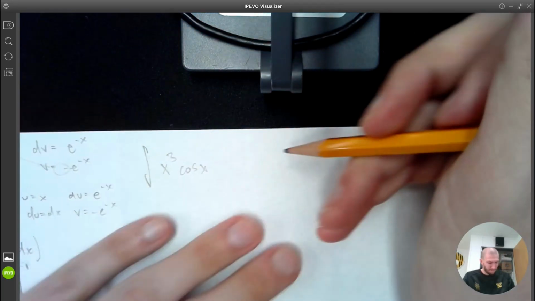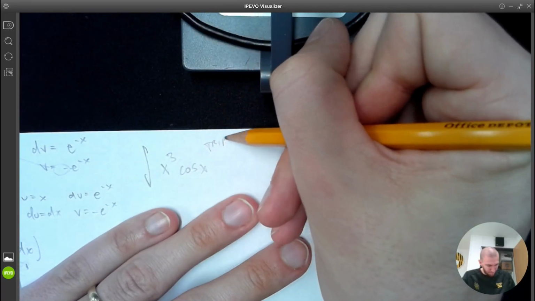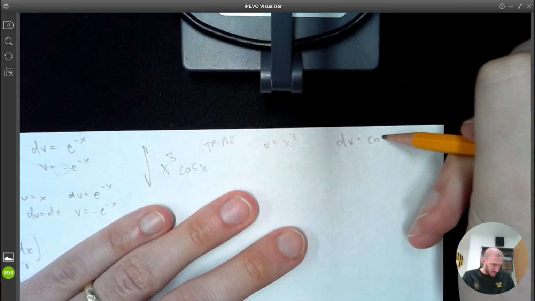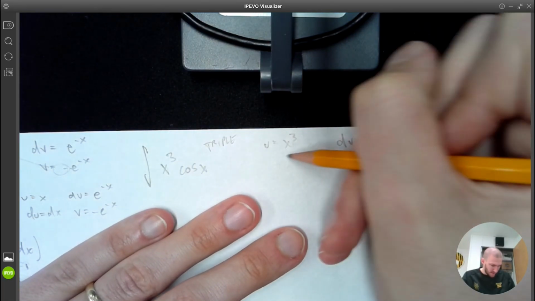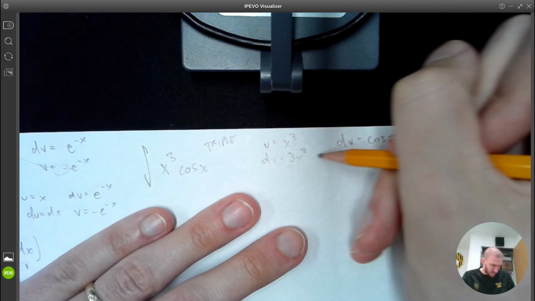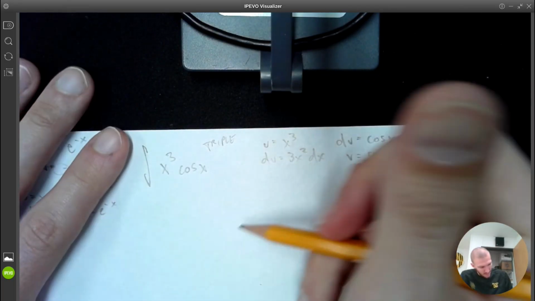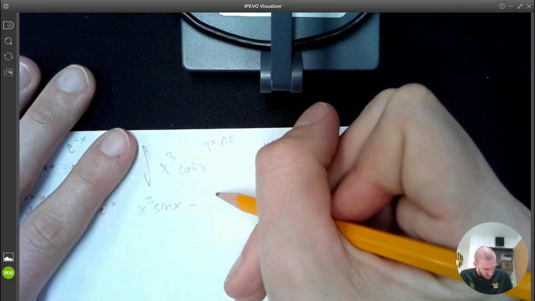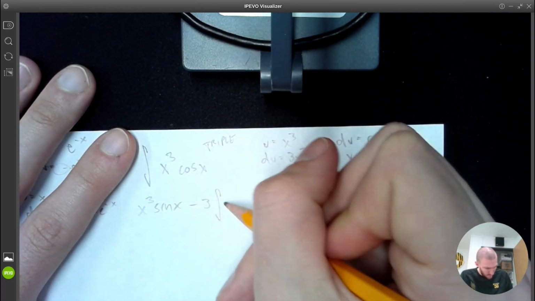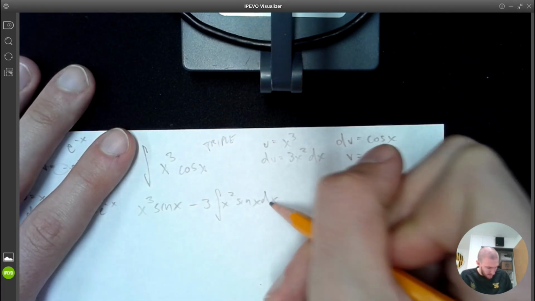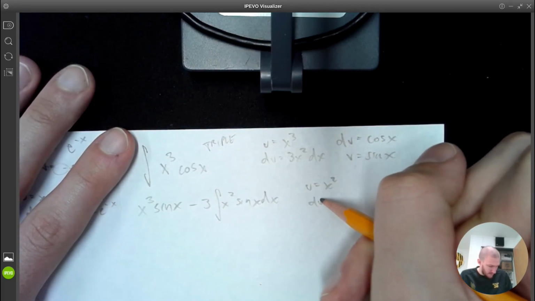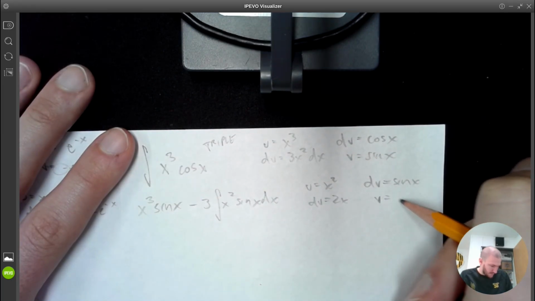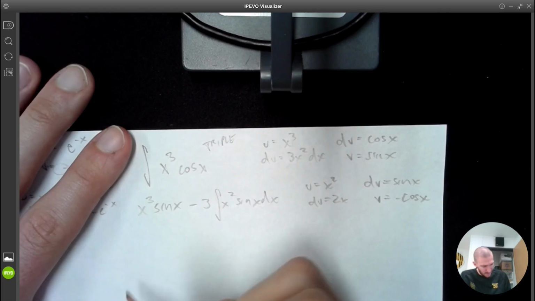This is a triple. u is equal to x cubed, dv is equal to cosine x, v is equal to sine x, du is equal to 3x squared dx. x cubed sine x minus the integral of 3x squared sine x dx. u is equal to x squared, du is equal to 2x, dv is equal to sine x, and v is equal to negative cosine x.